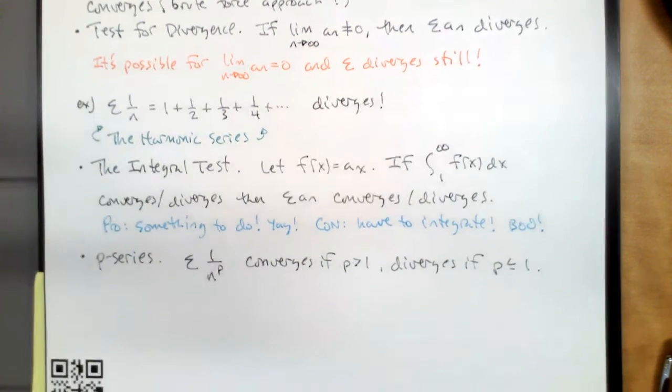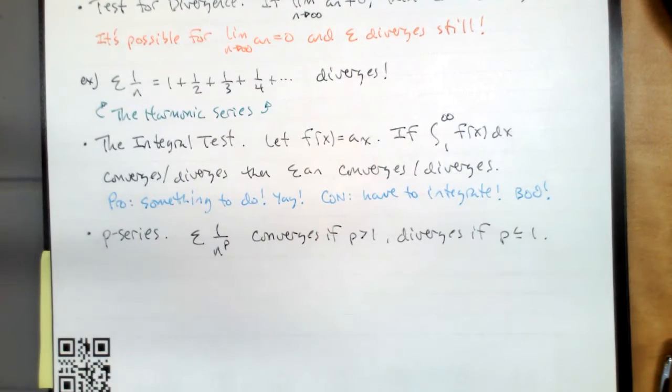The series 1 over n to the p converges if p is greater than 1 and diverges if p is less than or equal to 1. If we think about the integral of 1 over n to the p, if p is greater than 1, then n stays in the denominator. If p is less than or equal to 1, then n gets moved up to the numerator, or we get natural log.